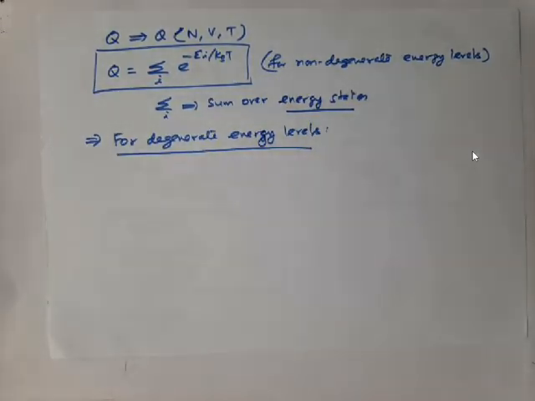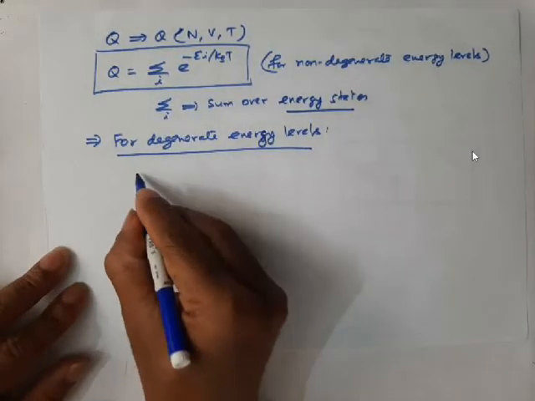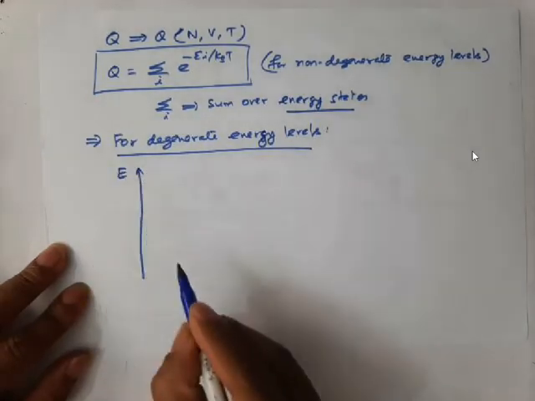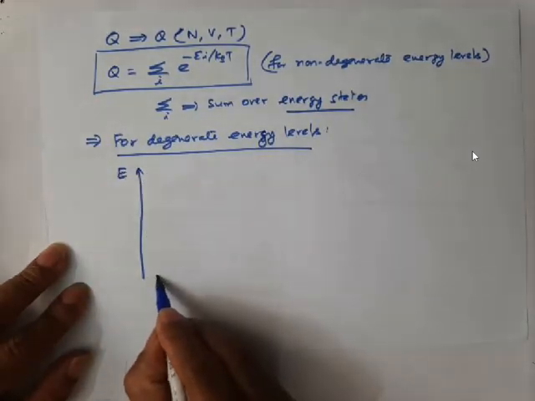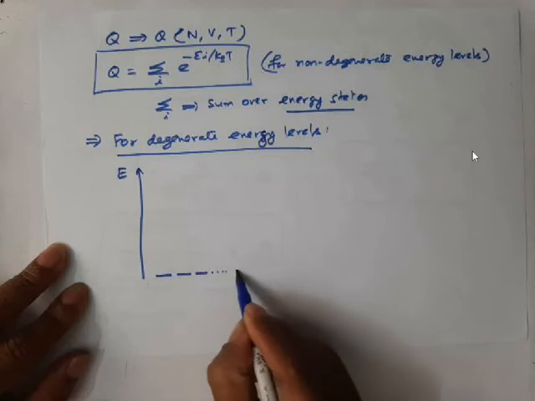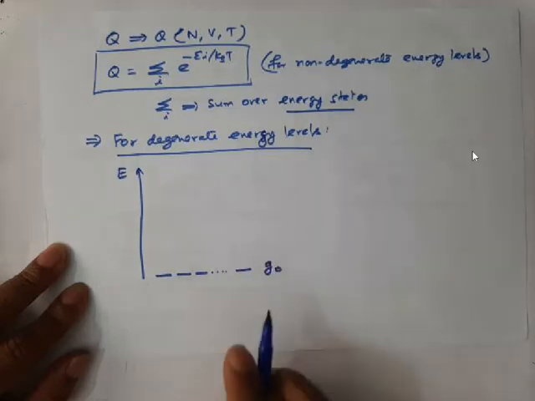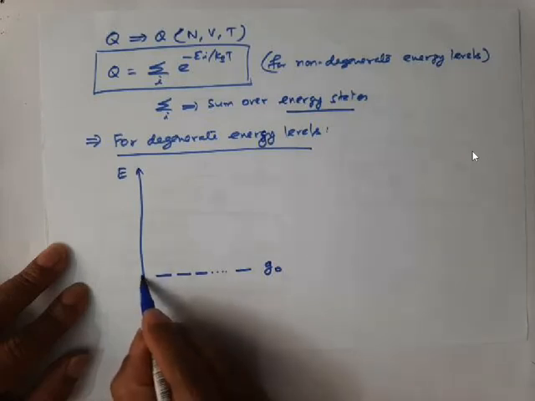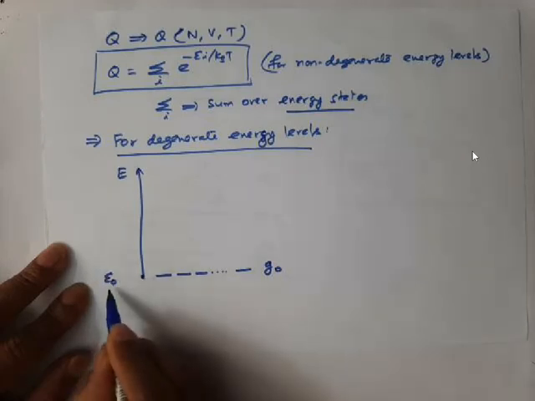If energy levels are degenerate, then we have to follow the same method, but the initial formulas are different. What is meant by that? Suppose I have a system in which the ground energy level has, say, G0 states associated with it, and the energy of the ground energy level is represented as E0.